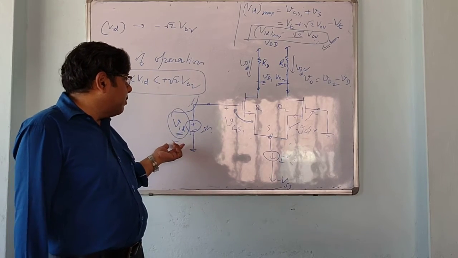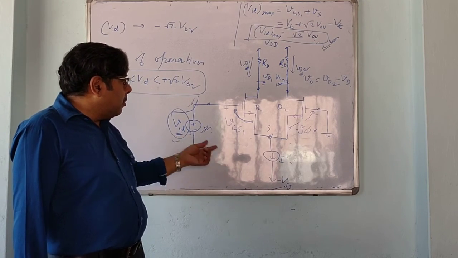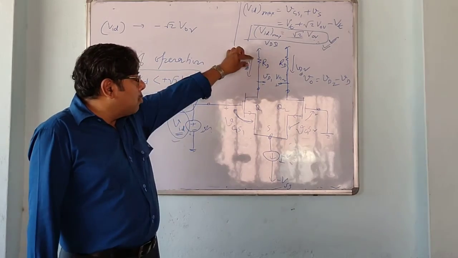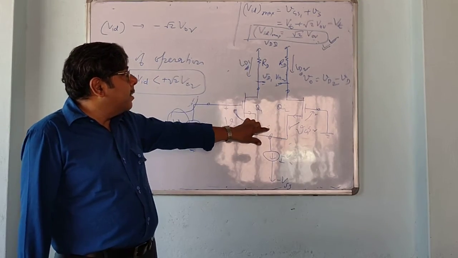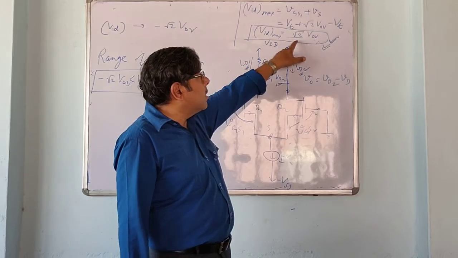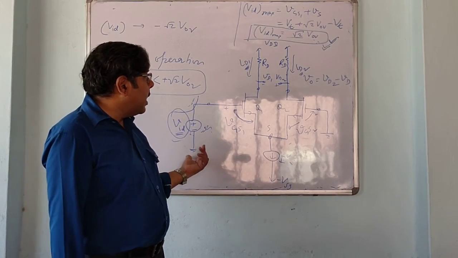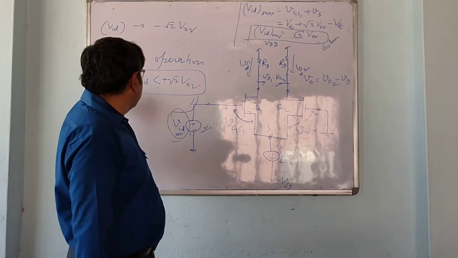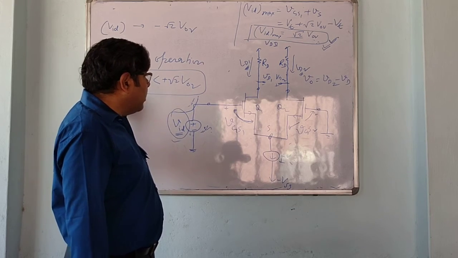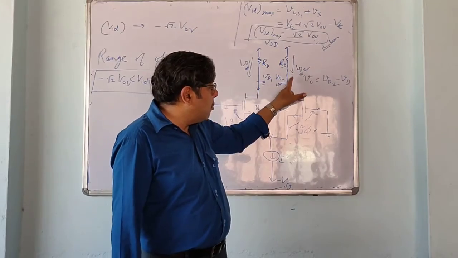At the limiting value the whole of the current will flow through this, and the maximum value of VID is under root 2 VOV. Similarly, in the opposite direction, this becomes minus root 2 VOV. At this value, the whole of the current will flow through this.